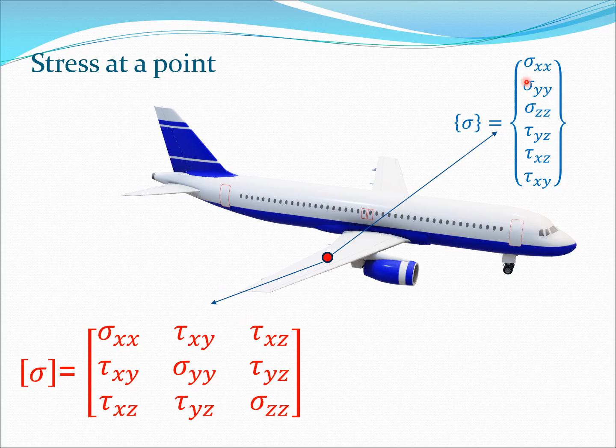So this vector consists of 3 normal stresses, which are denoted by sigma, and 3 shear stresses, which are denoted by tau. Now if you are unfamiliar with any of these stresses, I have made some previous videos where I have explained the directionality of all these stresses.